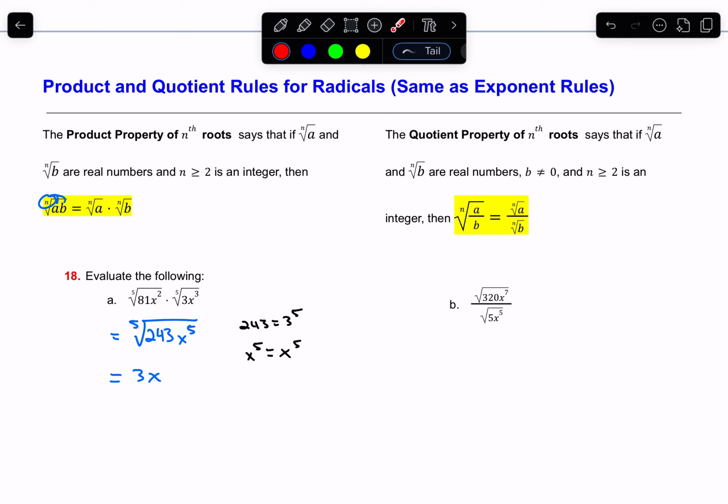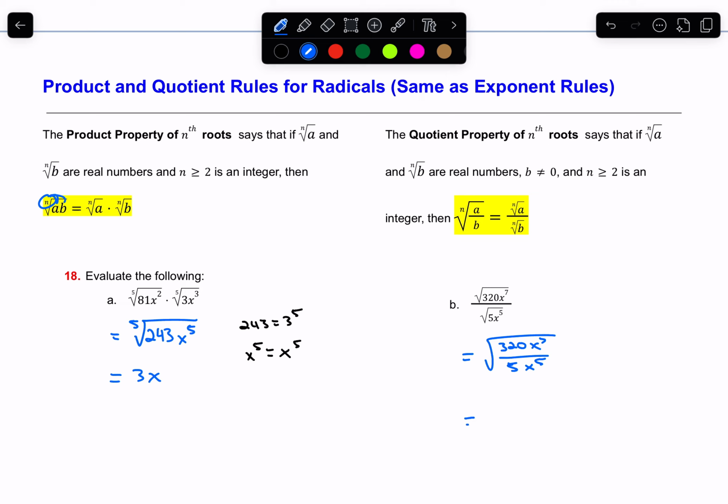All right, for the next one, we have the square root of 320x to the 7th over the square root of 5x to the 5th. We can rewrite this using the quotient rule as the square root of the entire thing, 320x to the 7th over 5x to the 5th.